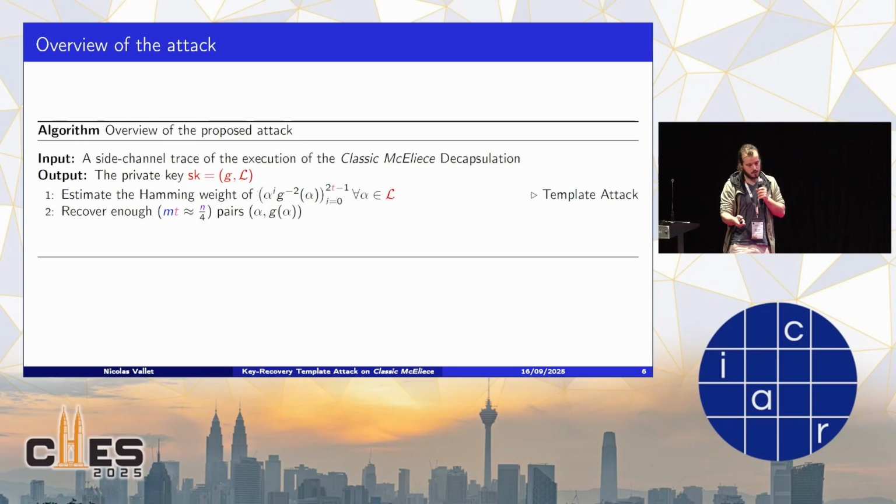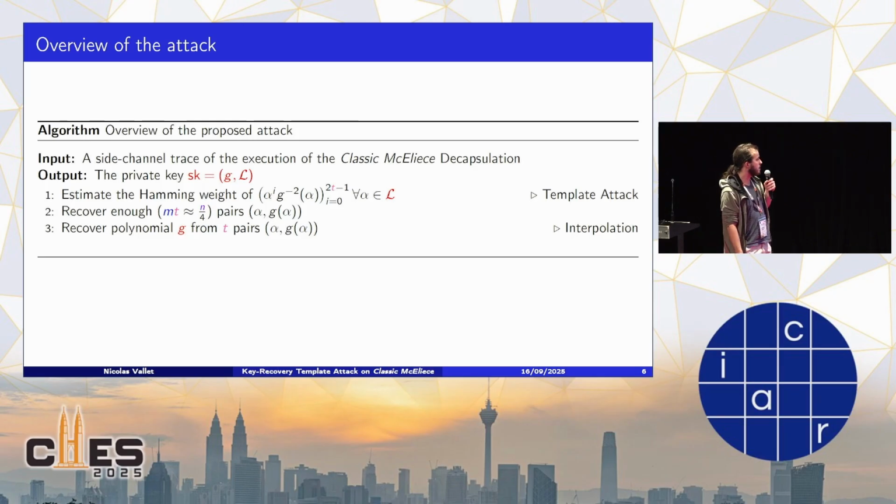Then it will exploit those Hamming weights to recover N' pairs alpha, g of alpha. I will explain later what I mean precisely by N', but for now we will say that this is equal to m times t, which is approximately equal to N over 4. It is important to notice that at this step we do not need to recover all the N pairs alpha, g of alpha.